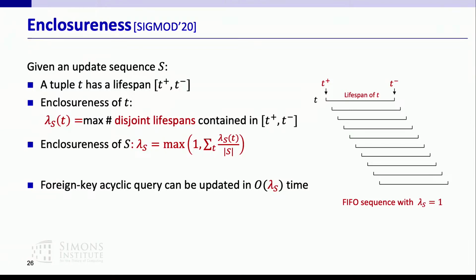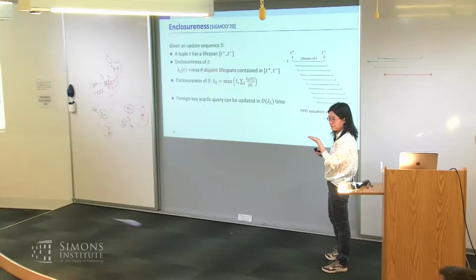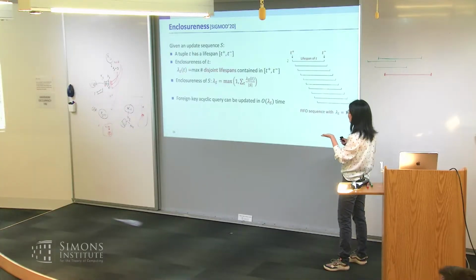So Xiao, what is S in lambda S? S is the update sequence. We give a specific update sequence. What is the form of S? Is it tuples and the time when each is inserted, so twice the number of tuples? You can just interpret it as the tuple and the lifespan interval.